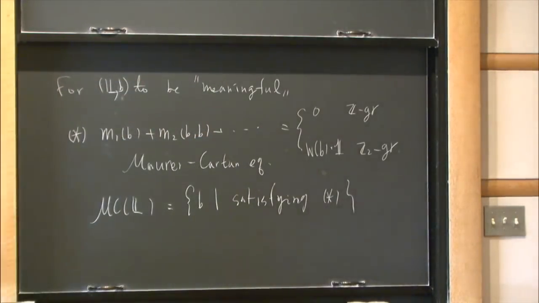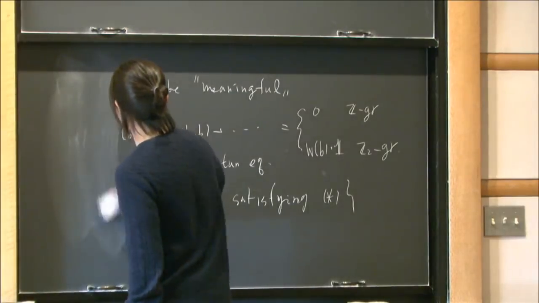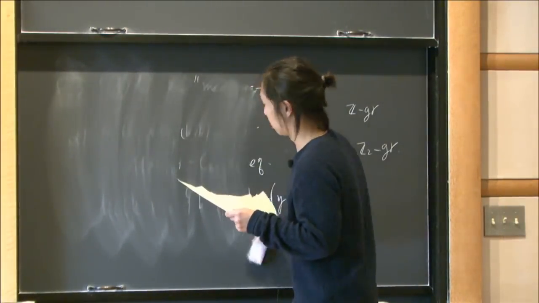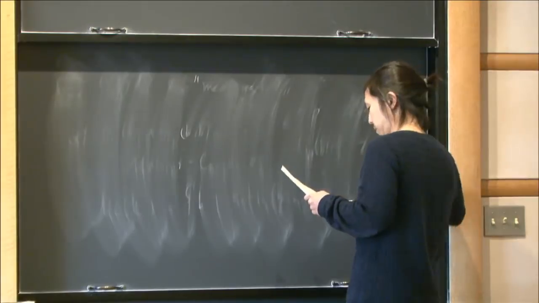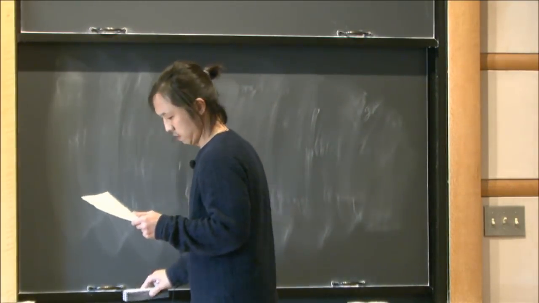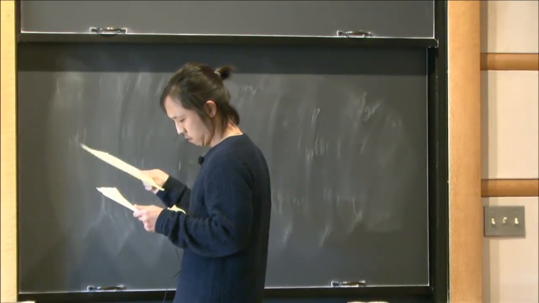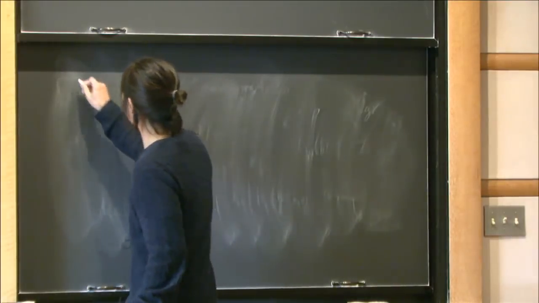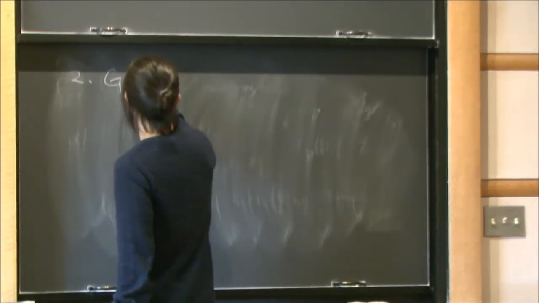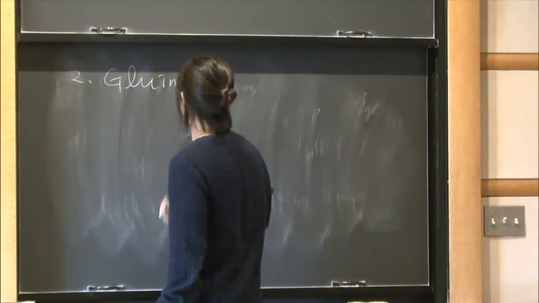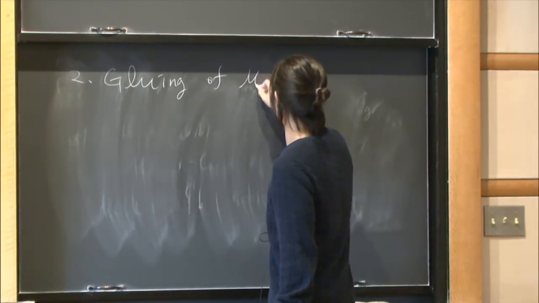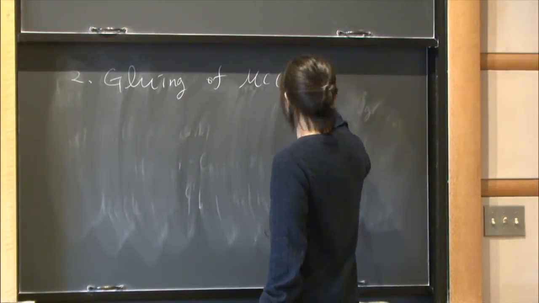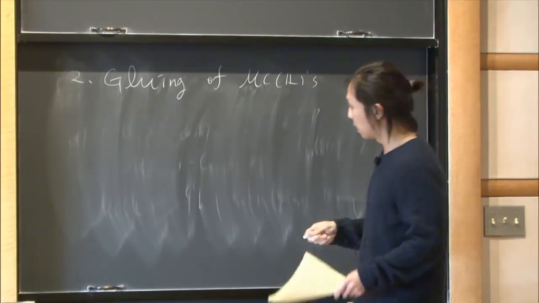I can just erase it. So what do I mean by gluing, or how to glue the charts? Here comes the gluing of charts of MCL. The rough idea is the following.